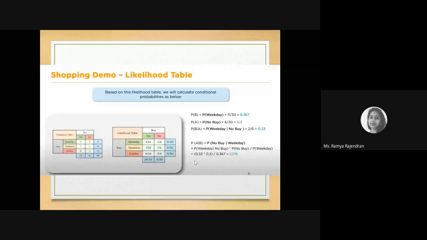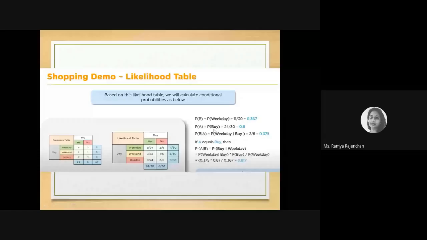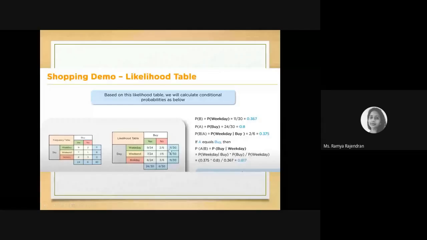Similarly, we assume the event A is buy. Earlier it was not buy. So here it is 24 by 30, which is 0.8.